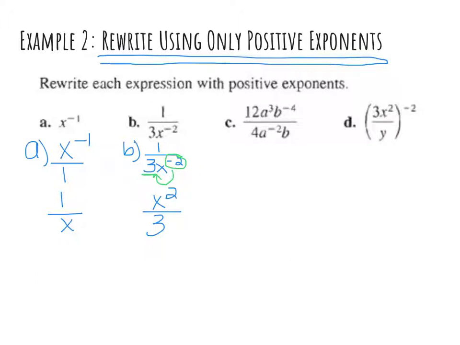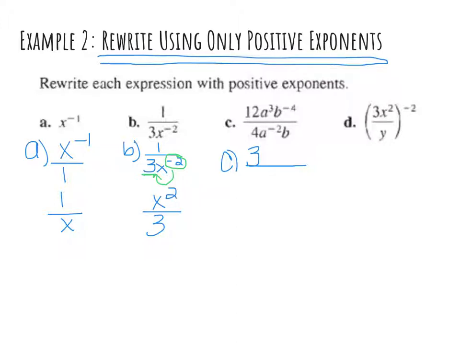Let's take a look at example C. There's a lot going on here. So we have 12a cubed b to the negative 4th over 4a to the negative 2b. The first thing we can do here is divide our numbers. So 12 over 4 simplifies to 3 over 1.